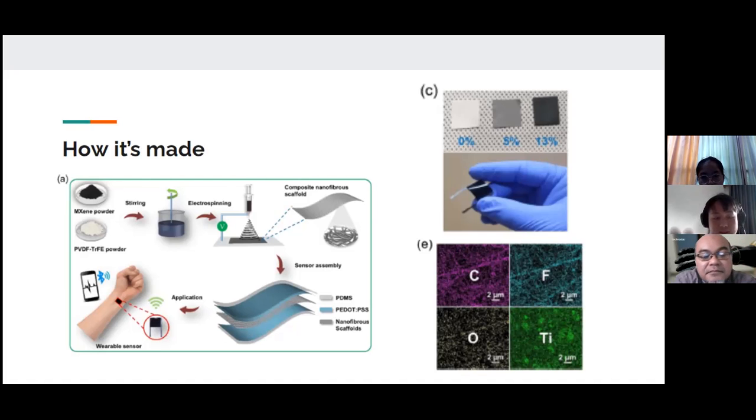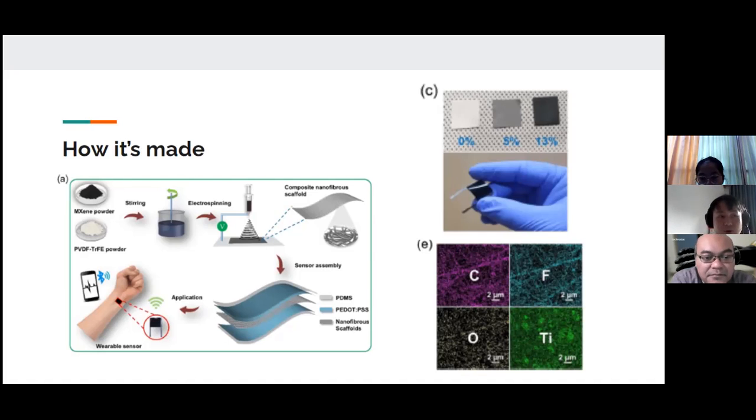The purpose of synthesizing MXene is to produce MXene powder, so that the CNS can be made using electrospinning, and after that it can be used for the sensor fabrication.